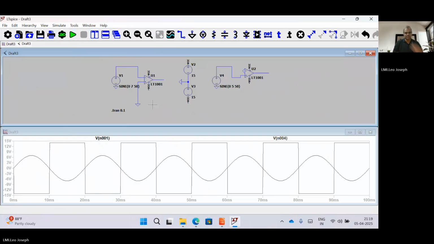If this is the concept, you can realize how this is working. So this is operating in between +5 volt and -5 volt, but it is starting from -V saturation. So during the positive peak, how will the comparison happen?